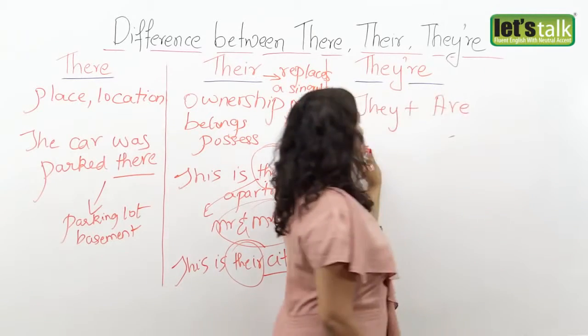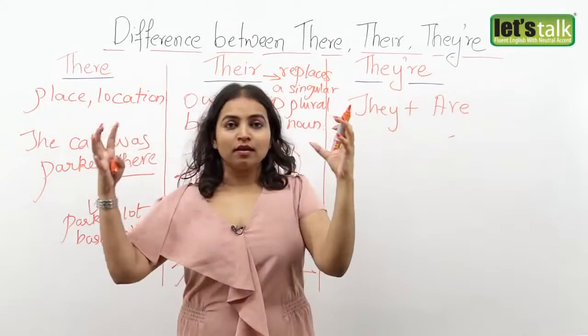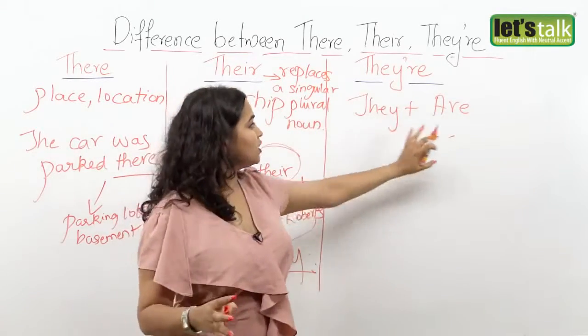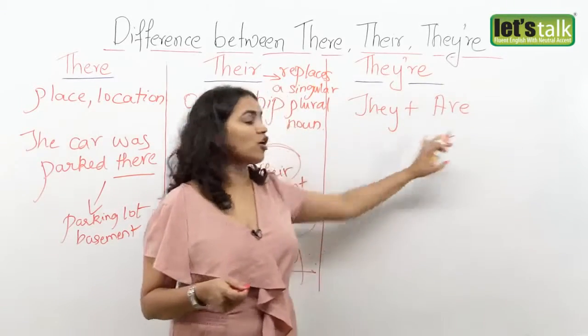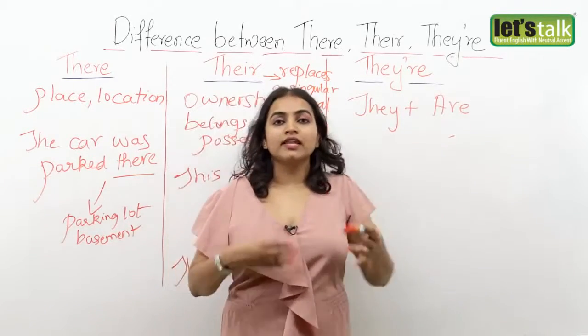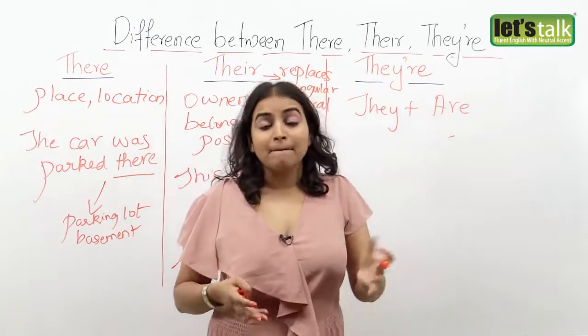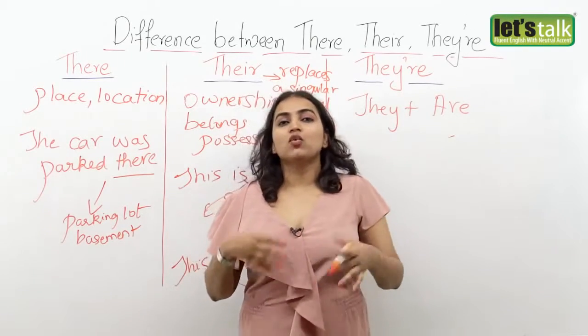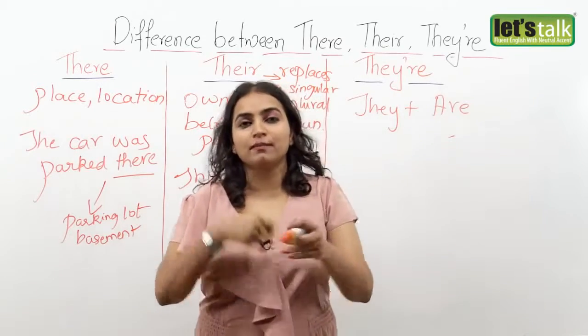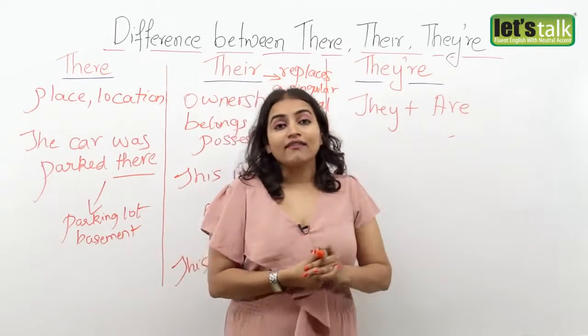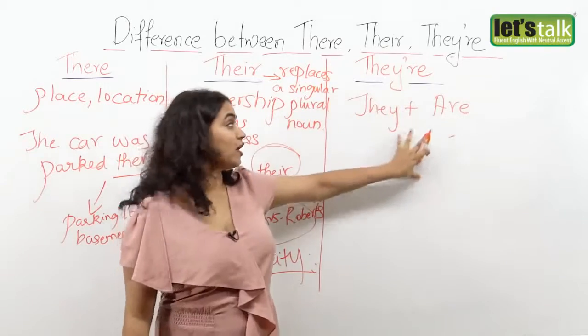So if you contract or join both these words, you will say they're. You won't say they are. So when you are a beginner in English, you will use they are. But once you start speaking English quite fluently, you will try to join words together because you're talking very fast. And that's when you say they're instead of they are.